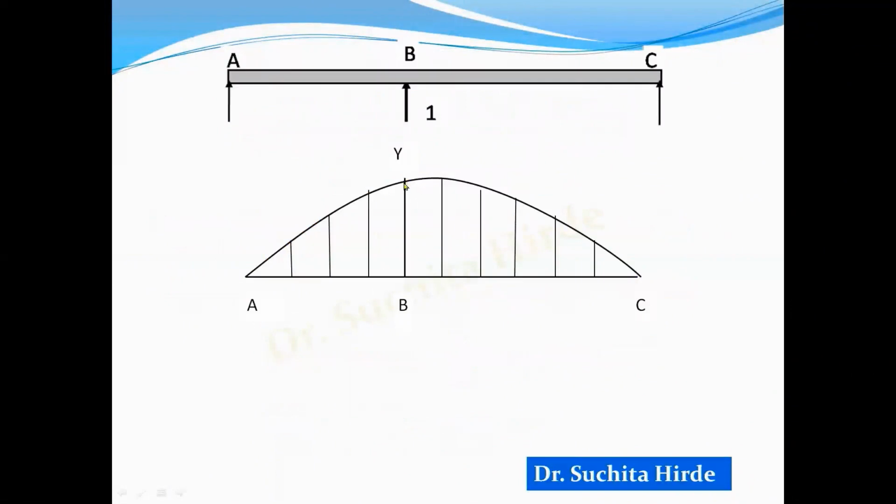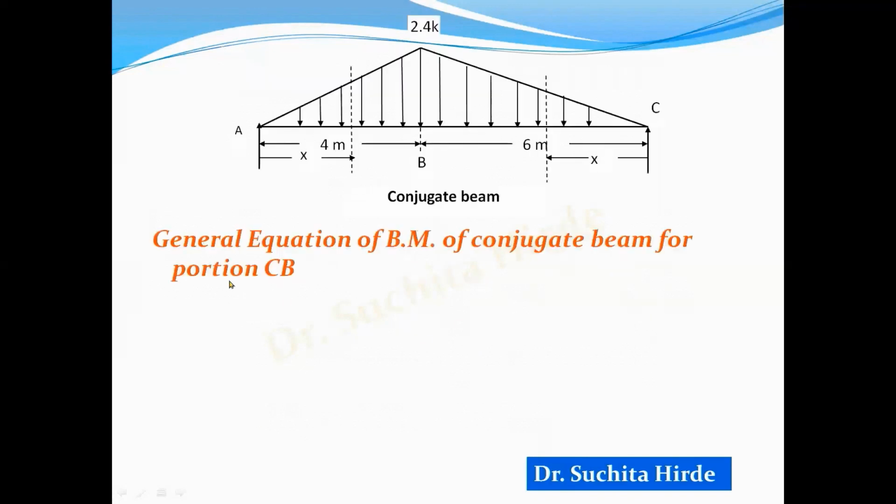So this is deflection due to this 1 kilonewton, but we don't want deflection due to 1 kilonewton. We want this ordinate to be 1. So whatever value we get here, we will divide all these by this value to get the influence line diagram. Now we will write the general equation of bending moment for portion BC.